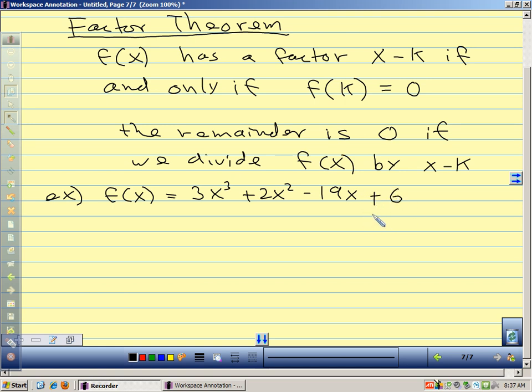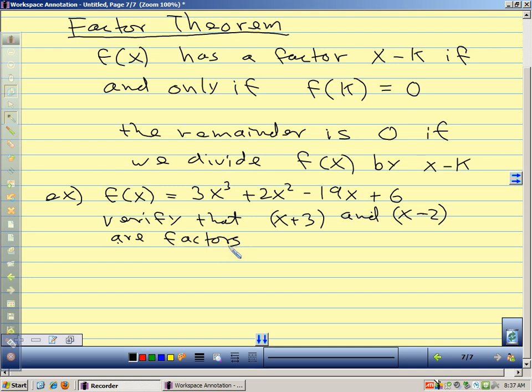And the problem will ask us to verify that x plus 3 and x minus 2 are factors, and write the factorization of f.